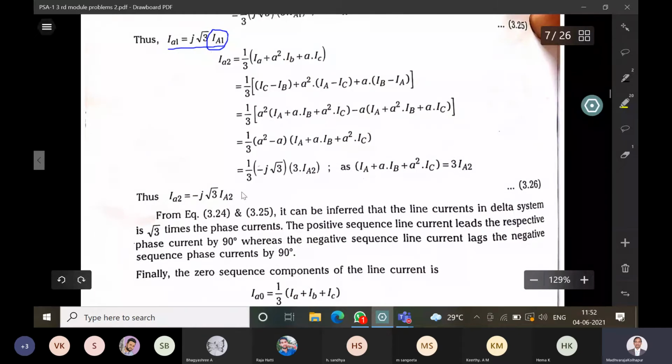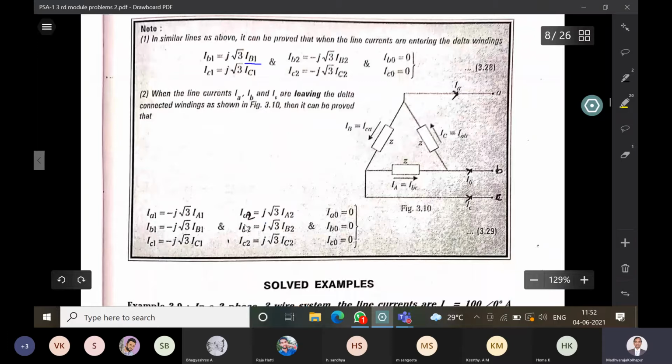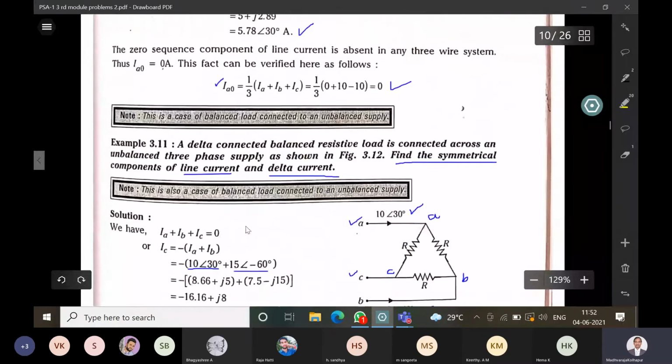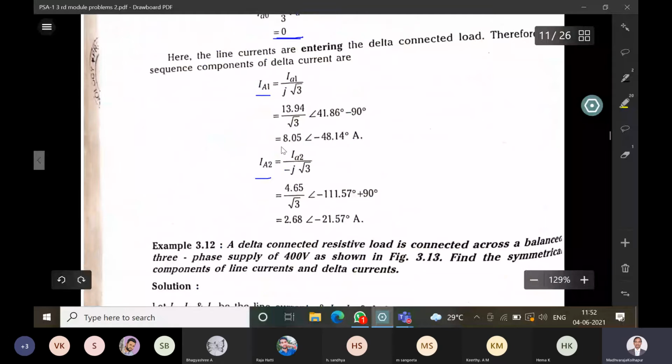Similarly, capital IA2, the delta current, is equal to small IA2 by minus J into root 3, right? According to that, calculate these two and verify the answers.